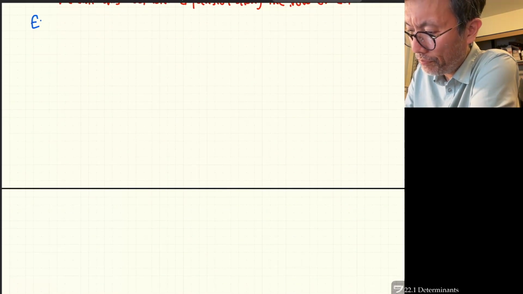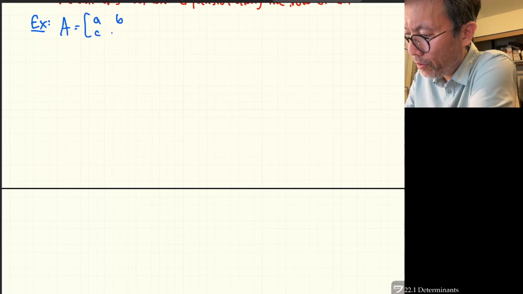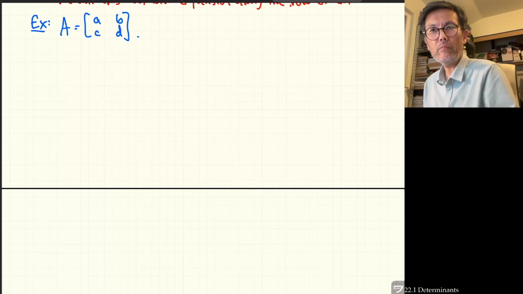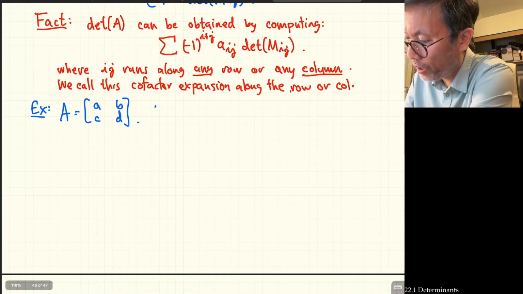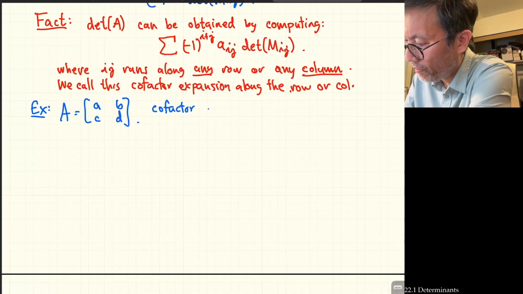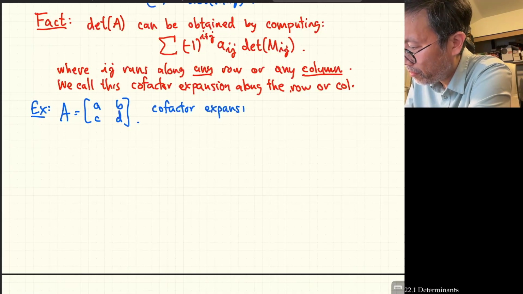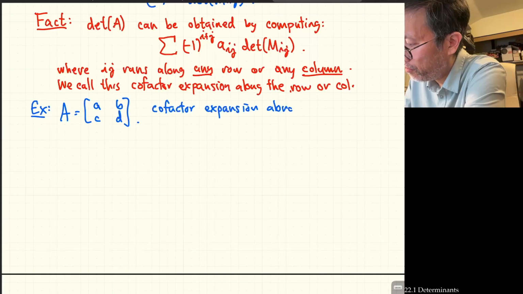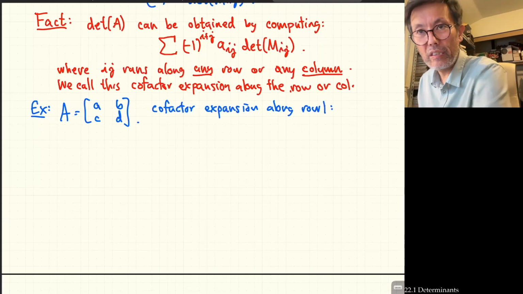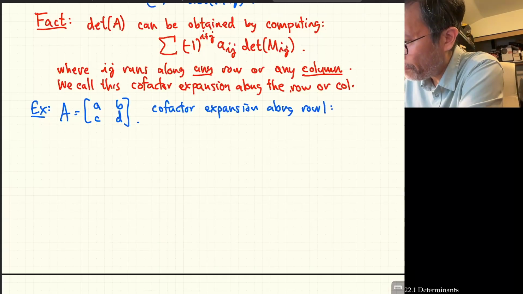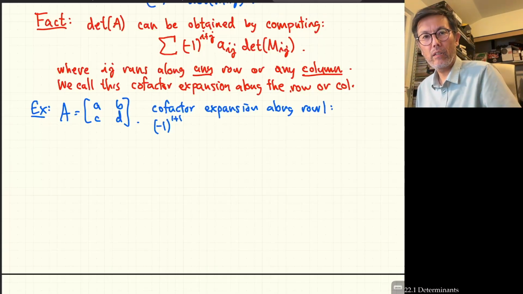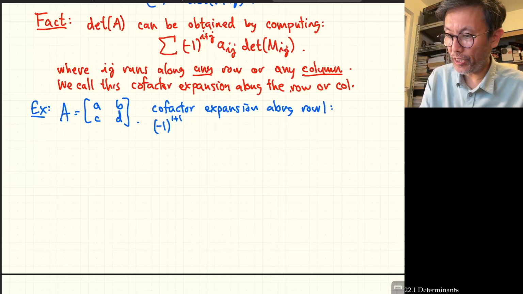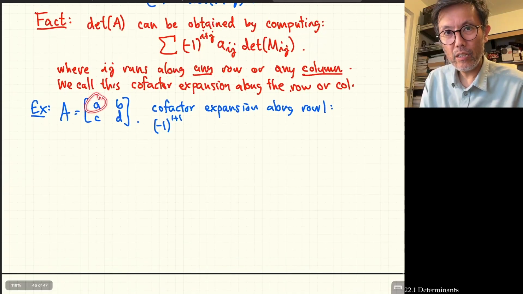So for example, suppose A is this matrix A, B, C, D, the 2 by 2. Then let's do cofactor expansion along row 1. What this gives us is -1 to the 1 plus 1. I'm taking my first entry here to be the 1 1 entry.